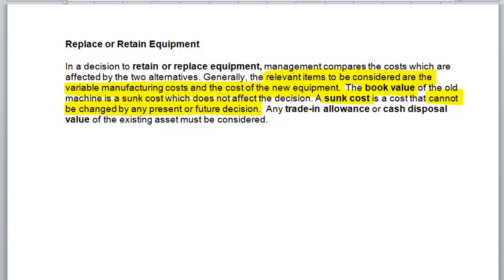So just a quick reminder of what is book value. When we talk about book value, that's simply the cost of the equipment less its accumulated depreciation. So any book value means that we have not depreciated the piece of equipment totally yet.